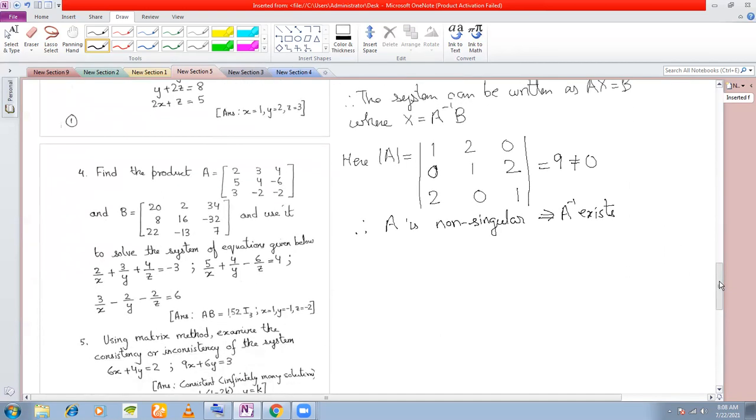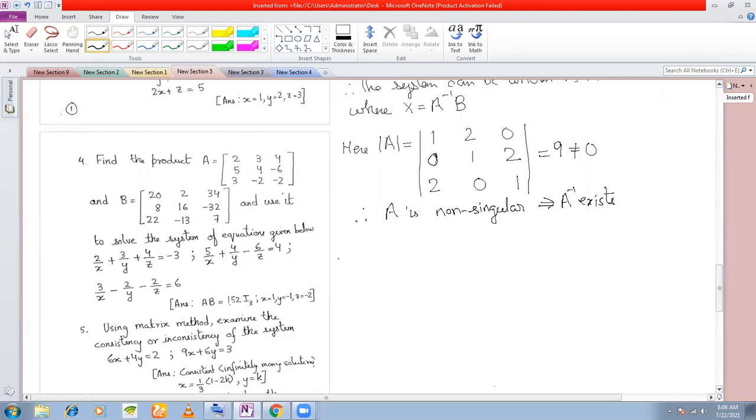So in order to find out A inverse, now we'll proceed to find out the adjoint of it. The adjoint of A in this case will look something like this. Inverse exists. Okay, one more thing which I have to write here is that determinant of A is not equal to 0, so A is non-singular.